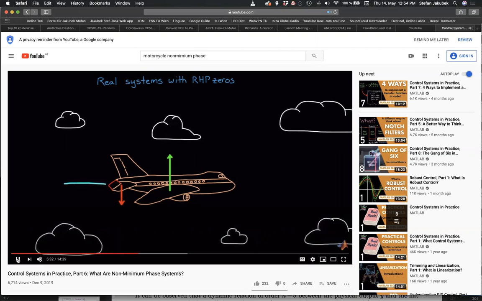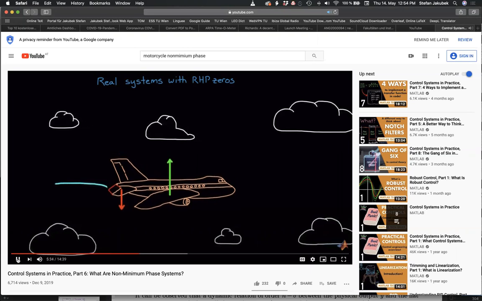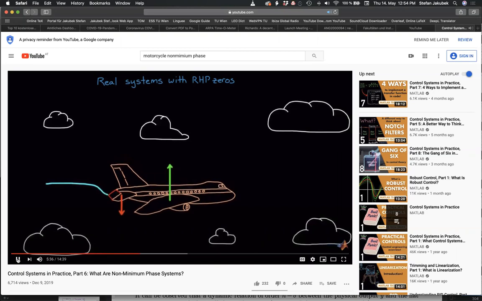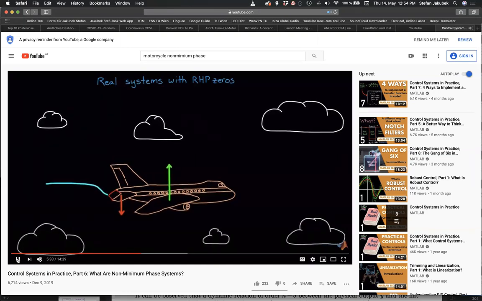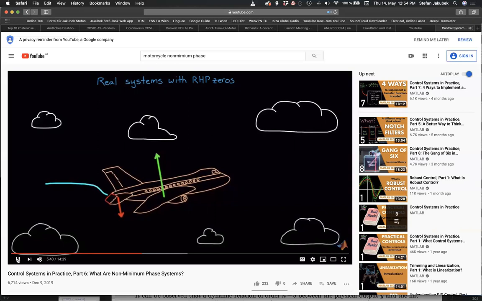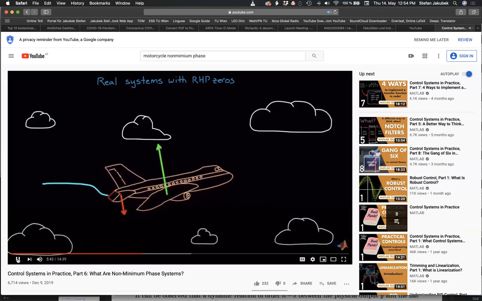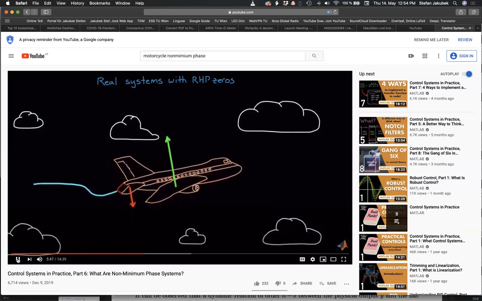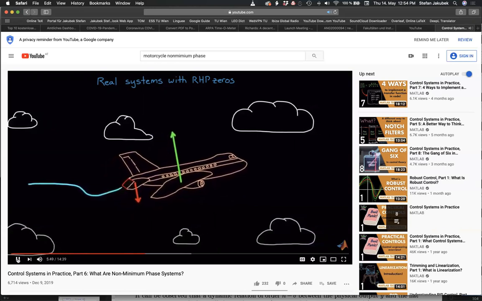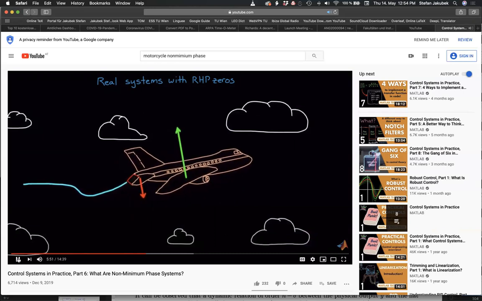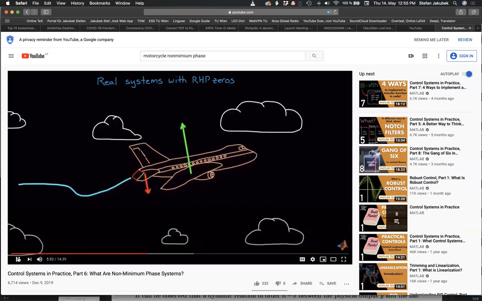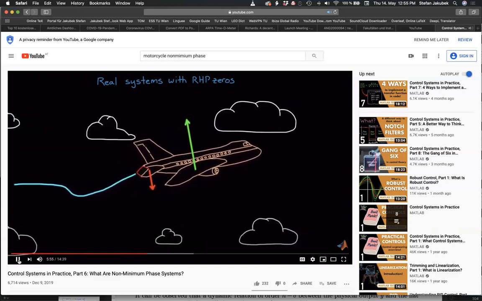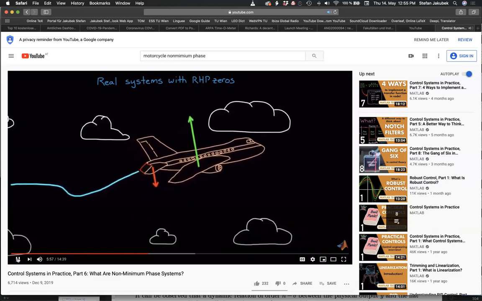And that downward force, however, also pulls the whole aircraft down, slightly lowering the altitude before the airplane has a chance to rotate and increase the lift from the wings. So if you pull back on the control stick, the airplane will drop slightly before heading back up in the direction that you intend. In this case, the dynamics of the system itself has a right half plane 0, and we need to be aware of that when designing a pitch controller for it. And we're going to come back to this idea in just a second.